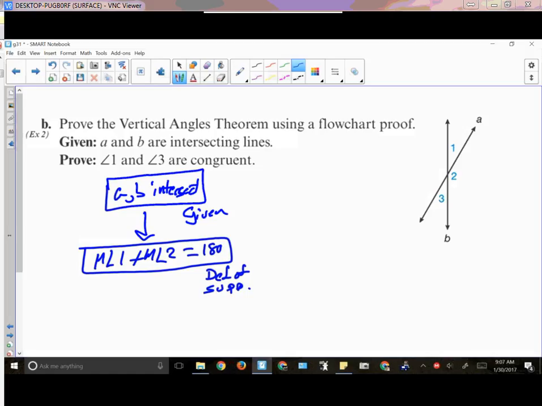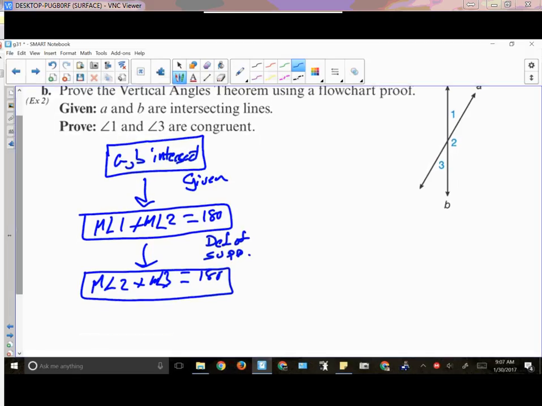Could I also then say that the measure of angle 2 plus the measure of angle 3 is equal to 180 degrees? That would make sense, wouldn't it? And again, that is also the definition of supplementary angles.